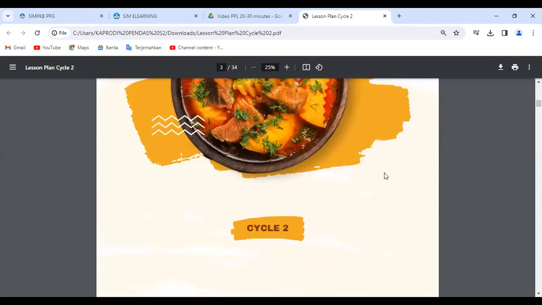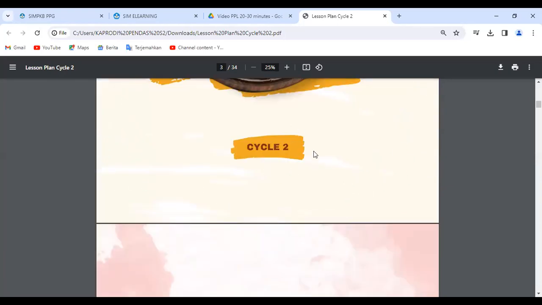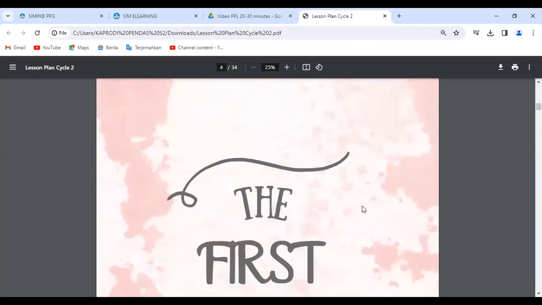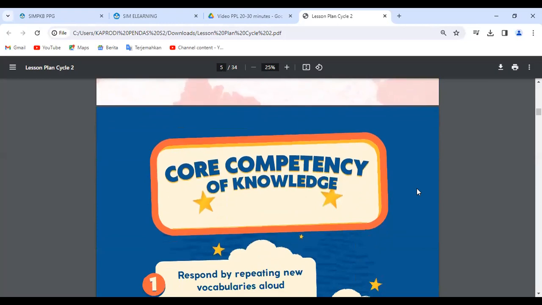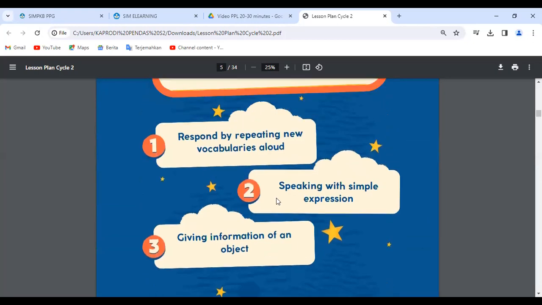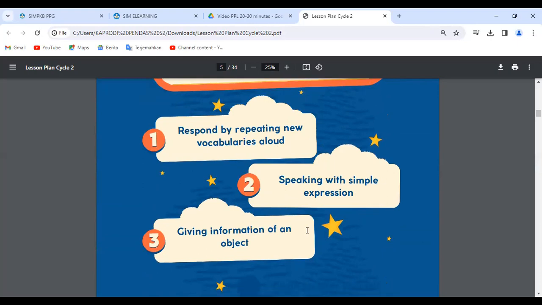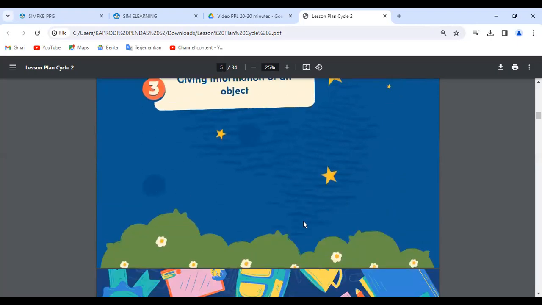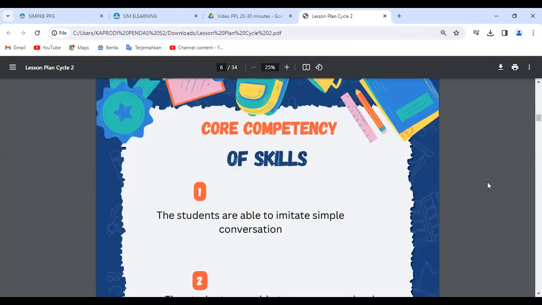Yeah, okay. And this consists of cycle 2. Then the first meeting, we can have a look here. The first meeting consists of competency of knowledge. It consists of several things, starting with responding by repeating new vocabularies aloud, then speaking with simple expressions, and then giving information about an object.